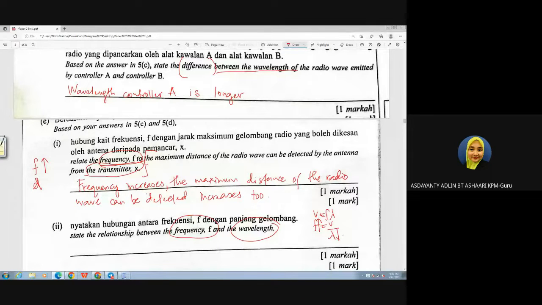So frequency increases, the wavelength decreases. Okay.